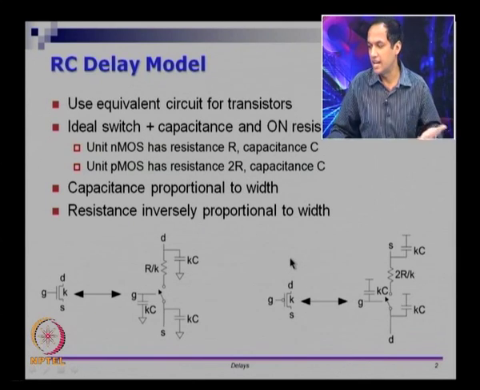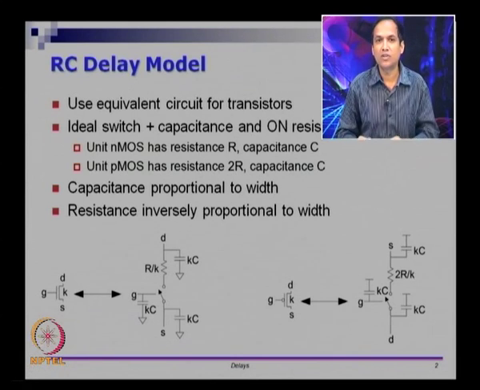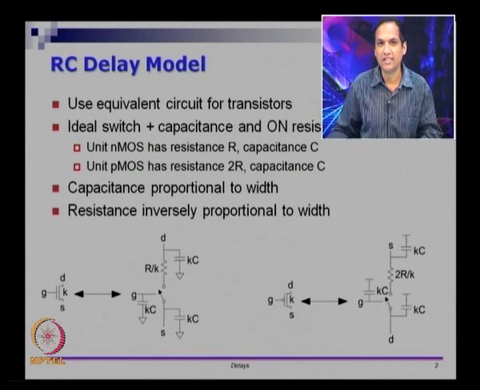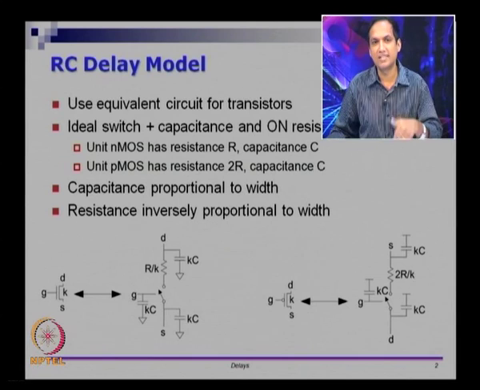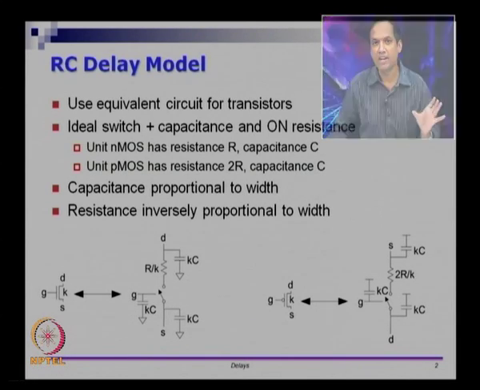In electrical circuits we look at what is called the RC constant or the RC delay. The product of resistance and capacitance gives you the notion of a delay, because higher the resistance, larger the delay, and larger the capacitance, larger the delay. So, R and C as a product gives you the overall delay.